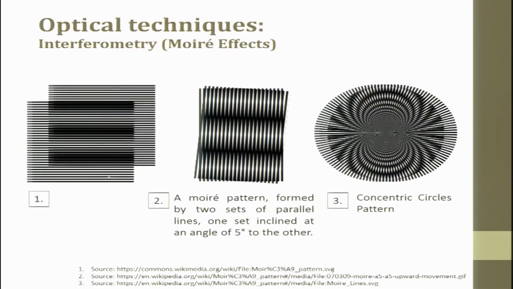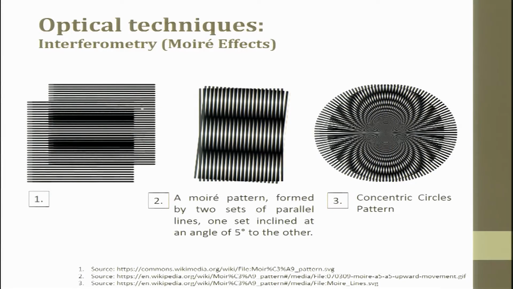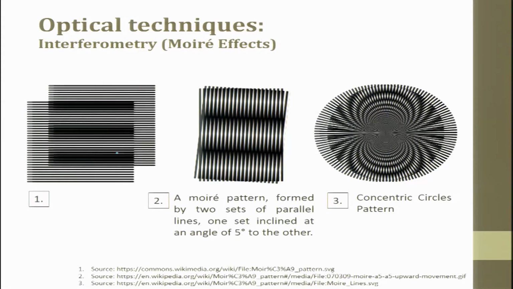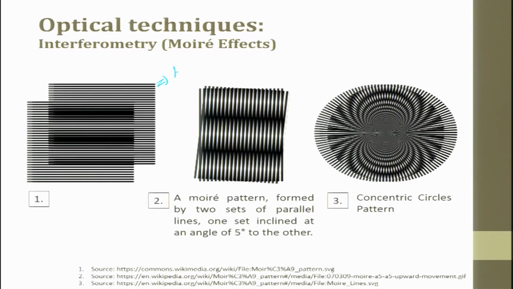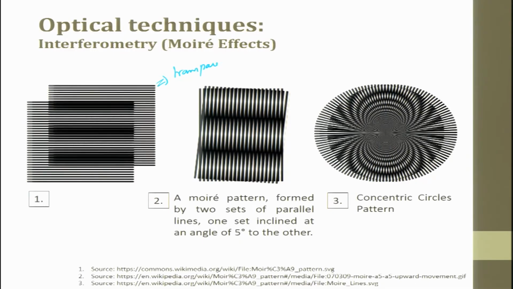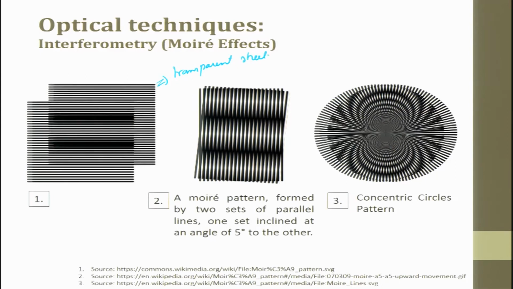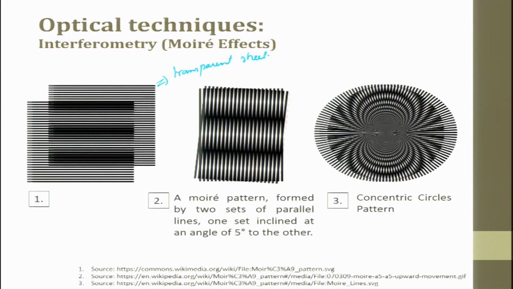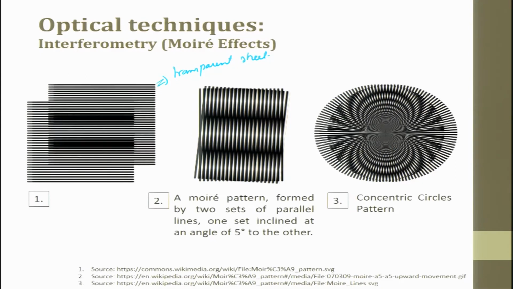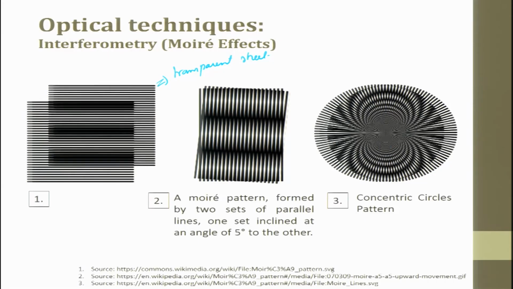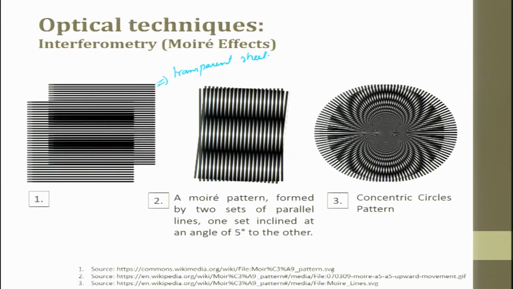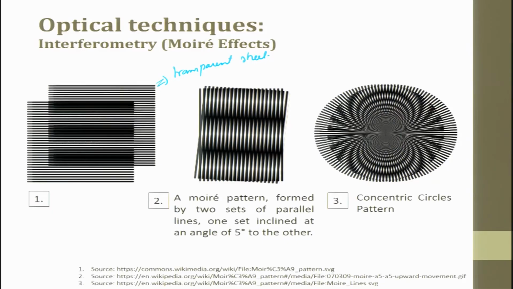So, you see here the same fringe patterns are kept, or you can say this is a transparent sheet wherein we have just photocopied a pattern on a transparent sheet, and the same thing we have made one more of, the same pattern on another sheet. Now, what I do is I slide those two sheets at an angle.